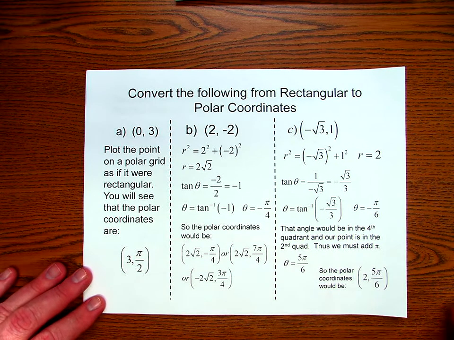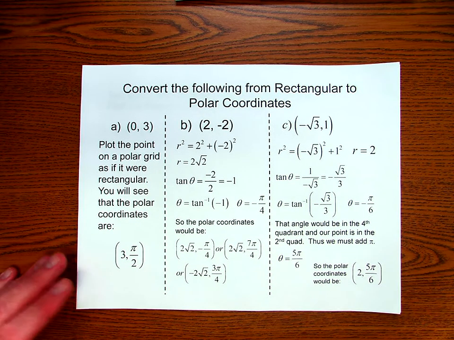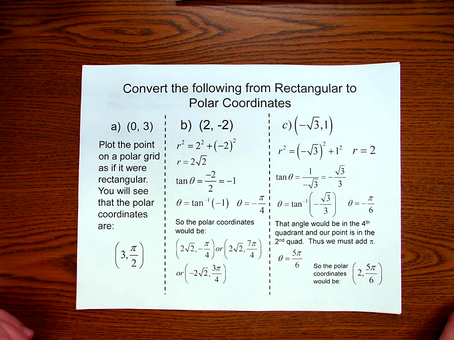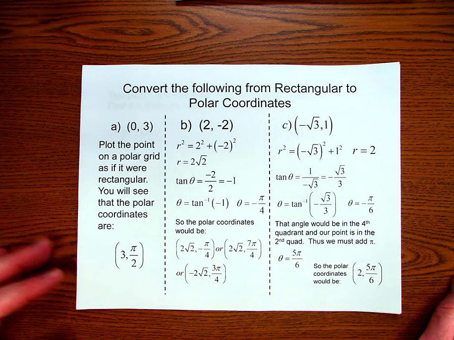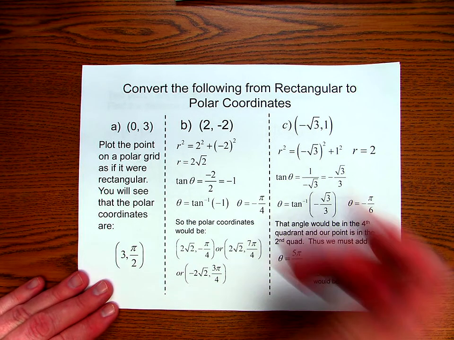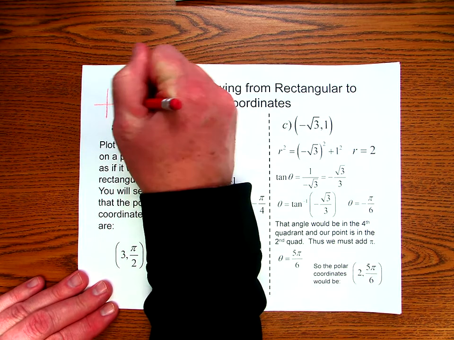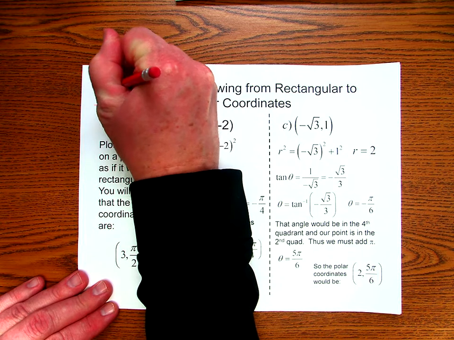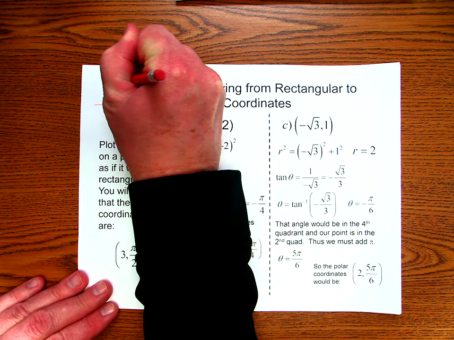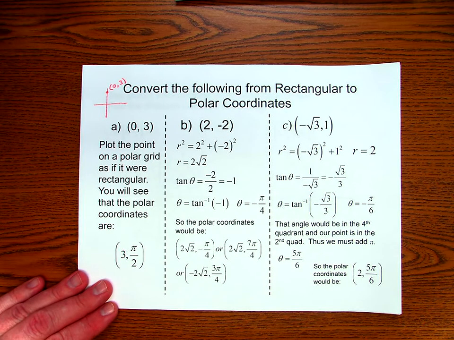All right, now sometimes common sense rules. There's not really a necessity to use any formulas, anything other than just basic observational skills. So say you had the point (0, 3) in rectangular coordinates, and you want to convert that to r theta.